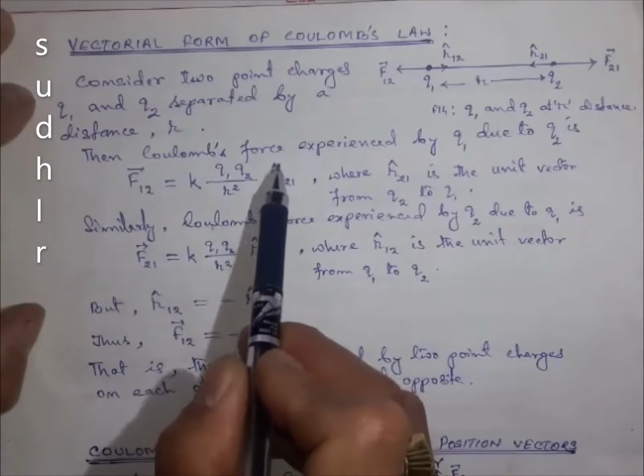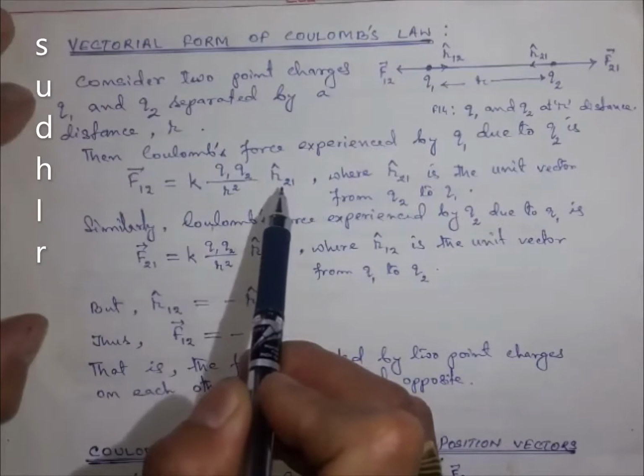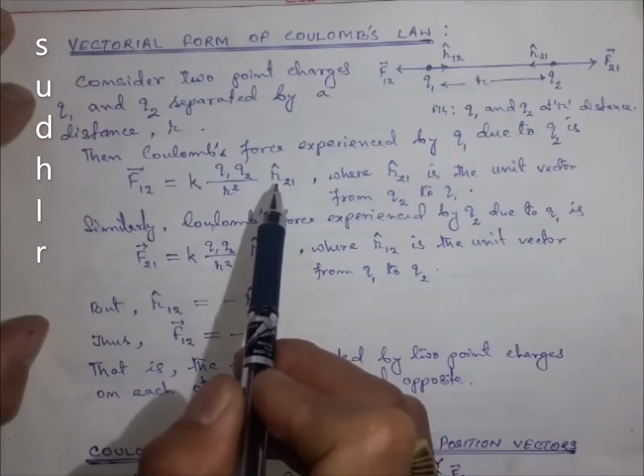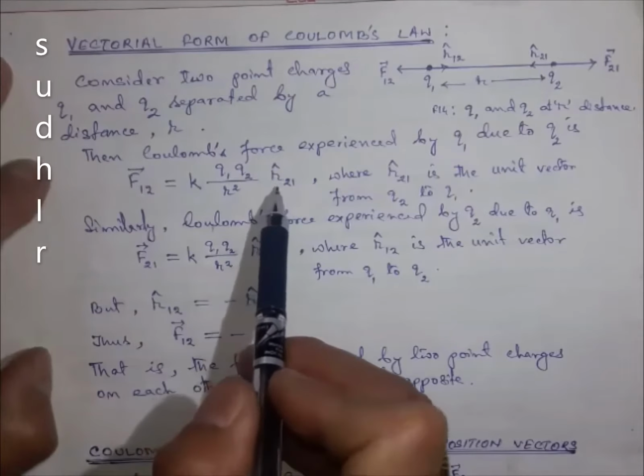This is a unit vector, and we know that a unit vector represents only the direction because its magnitude is always 1. That is why we call it a unit vector.